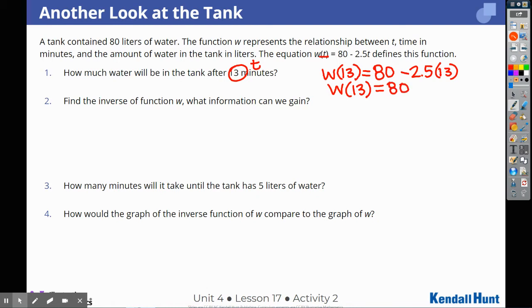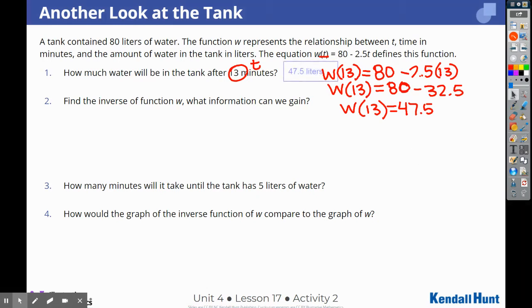So negative 2.5 times 13 would give us negative 32.5, and then we do that subtraction, 80 minus 32.5, and get 47.5. So W of 13 tells us that at 13 minutes, the tank of water had 47.5 liters inside.